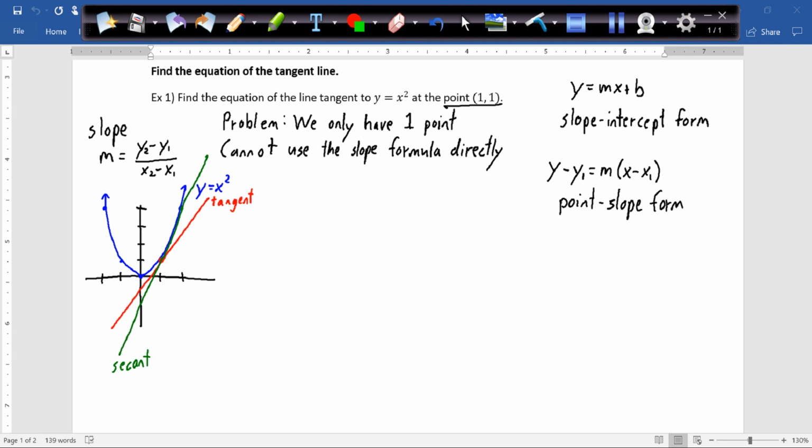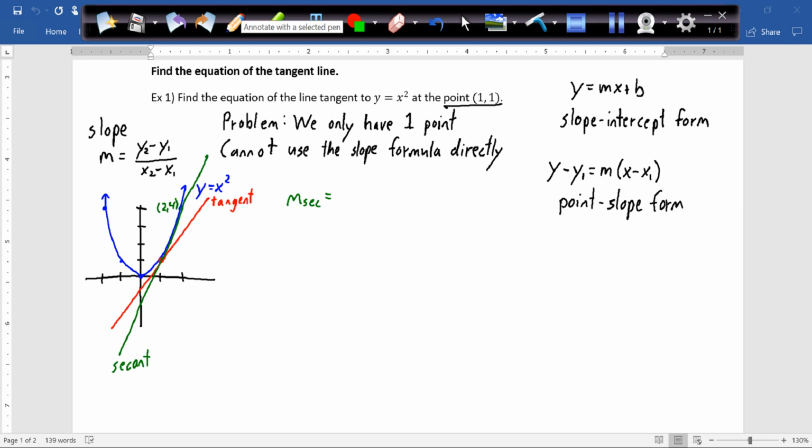Can I find the slope of that? Yeah. So let's calculate the slope of the secant line. So I'm using this point up here. This is 2, 4.